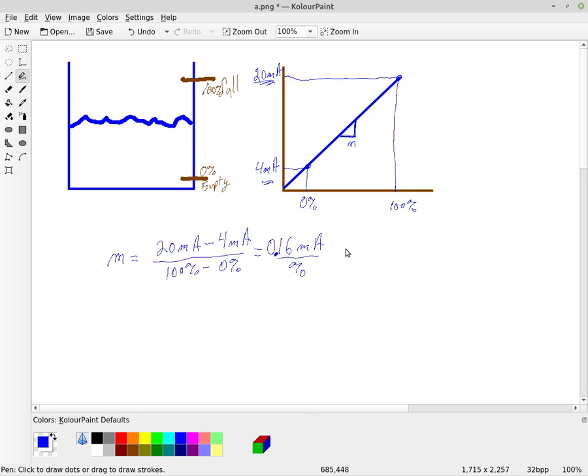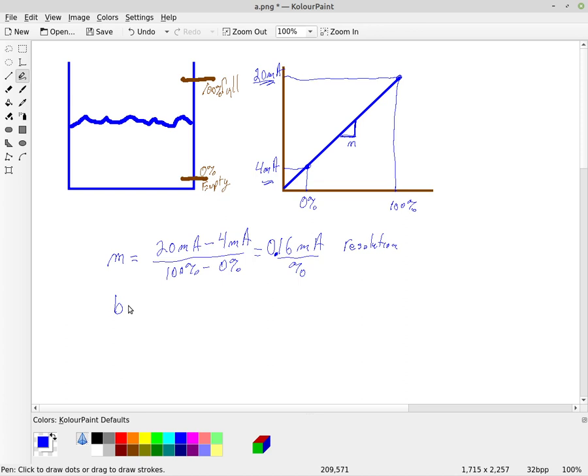So this is also known as the resolution of the sensor in terms of the actual sensor signal compared to the percentage of material within the tank. We also have to calculate the intercept, right?